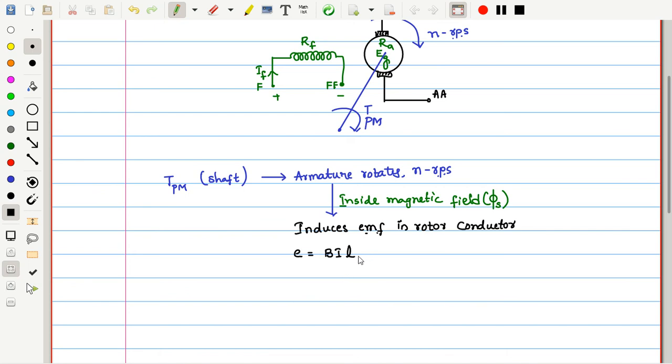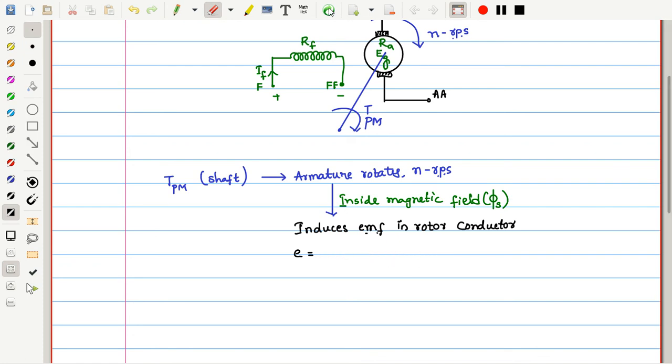As the flux density also changes sinusoidally, like flux is changing in something like a trapezoidal form, that may not be purely sinusoidal, remember that. So we would like to take the average flux density under one pole, and the current per one parallel path. Sorry, I made a small mistake here.